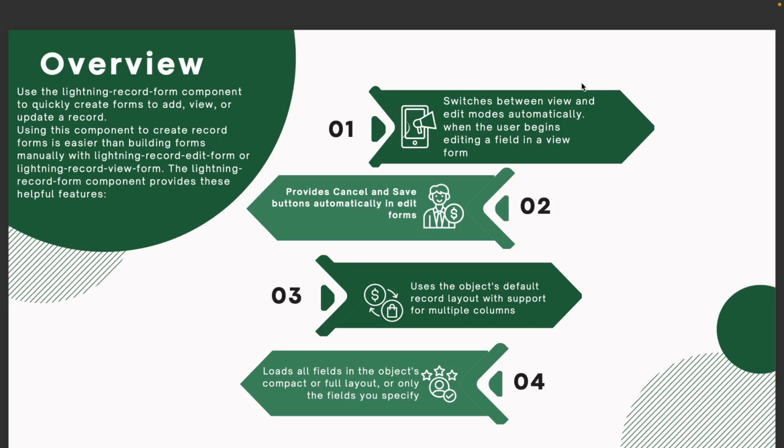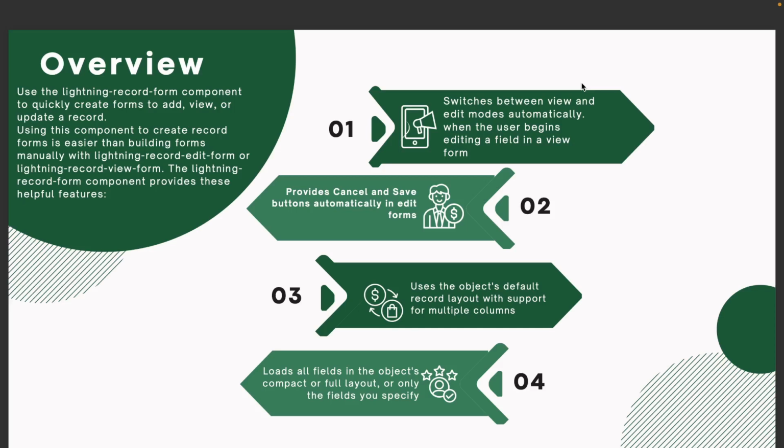The last one is that there are two properties that you can use. Either you can set your layout type as full, or you can set your layout type as compact. When you keep the layout as full, it will have all the fields that are in the page layout, and when it is compact, it will only display the fields that you have specified in the compact layout.